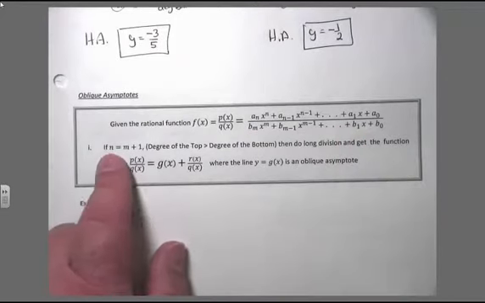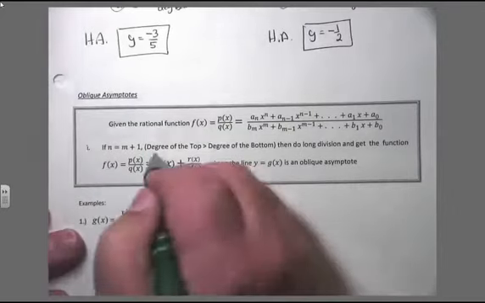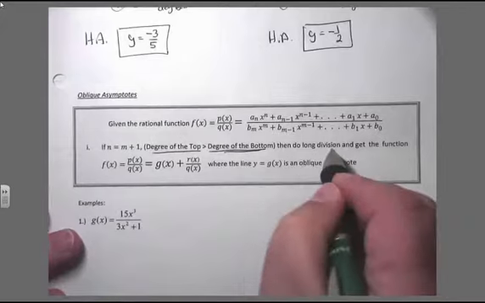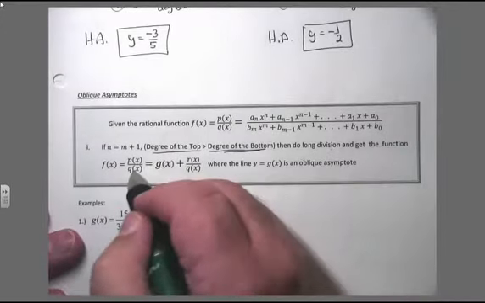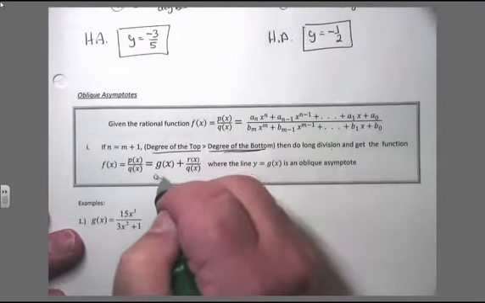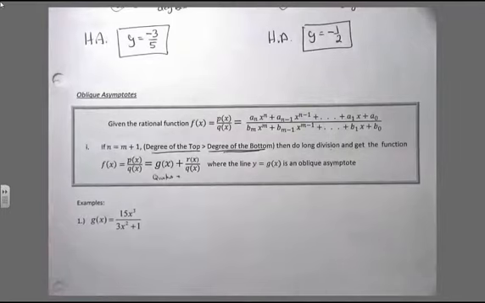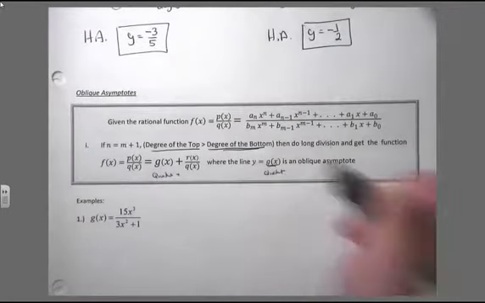If n is equal to m plus 1, meaning the degree of the top is greater than the degree of the bottom, then do long division and you're going to get p of x divided by q of x equal to the quotient plus the remainder over the divisor. Then y equals the quotient, this is what I was telling you guys, is the oblique asymptote.